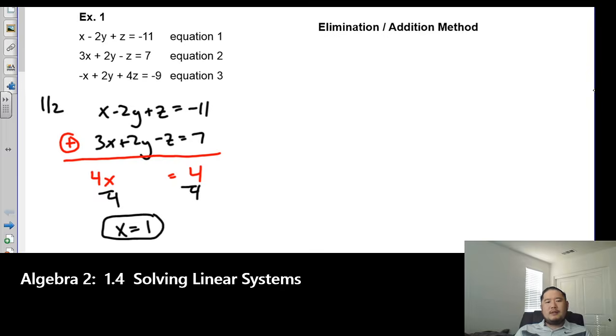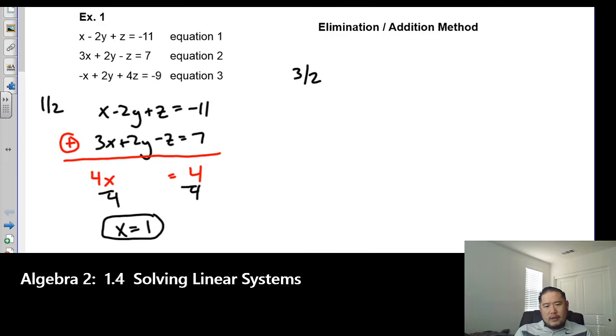Next up, we need to choose another 2 equations right here. It could either be equations 1 and 3 or equations 2 and 3. It doesn't matter which one. But for me, sometimes there's a better set of equations to choose. I find right here that I'm going to choose equations 3 and 2.